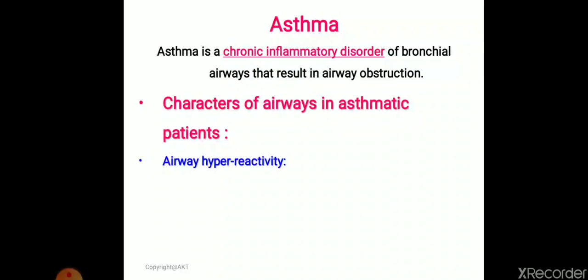Only a few individuals get such an asthmatic attack because of hyperreactivity of the airway, and it leads to an inflammation which is a reason for the bronchospasm, and finally the severe bronchospasm and difficulty in breathing. These are the three characters which are observed in an asthmatic patient.